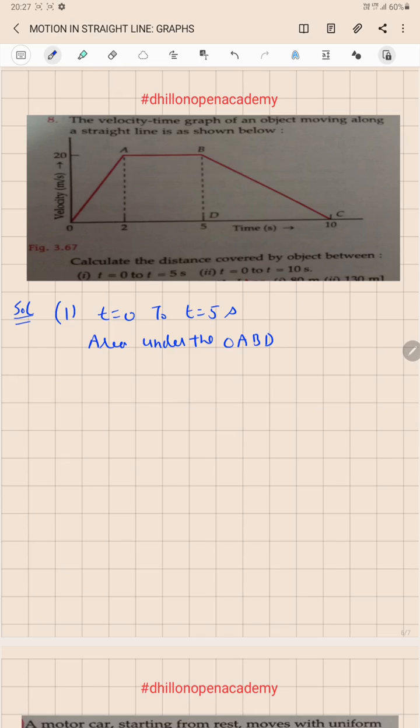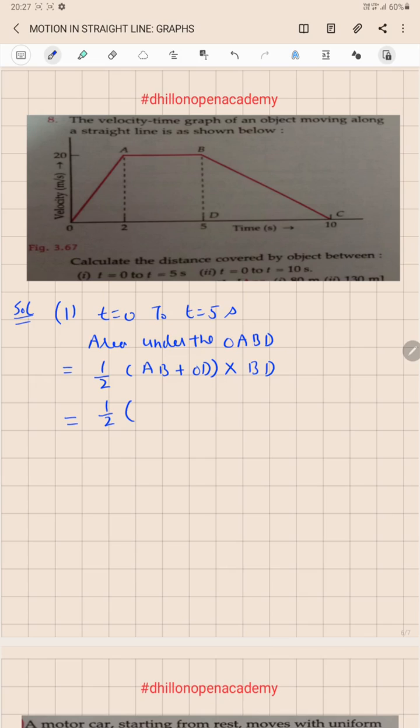So area under OABD is equal to half into sum of parallel sides. Parallel sides are AB and OD, multiplied by the perpendicular distance connecting the two sides, which is BD. If we substitute the values, half into AB, you can see that at point A time is 2 seconds, at B time is 5 seconds.